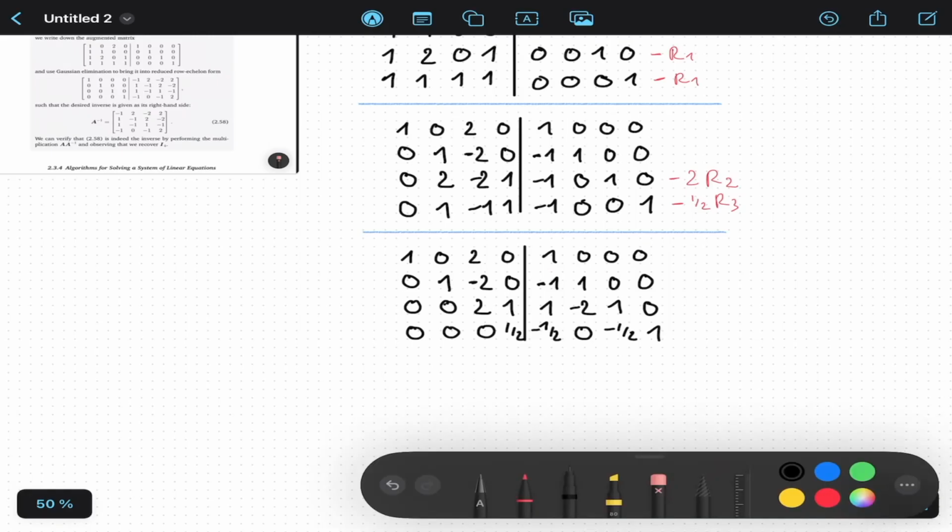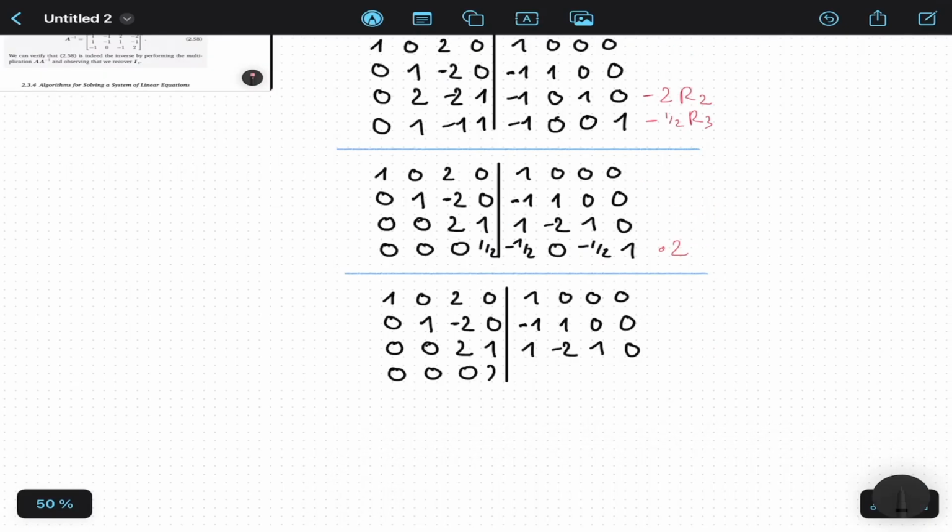Okay, so the next step would be to just get rid of the halves here. I will scale this up. So we will have here 1, -1, 0, -1, and 2.